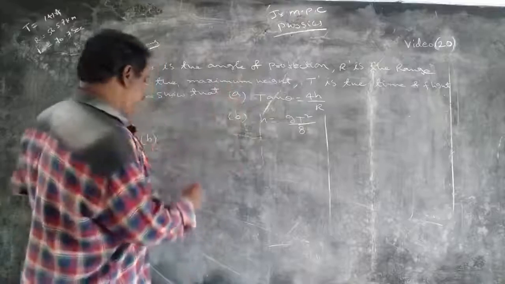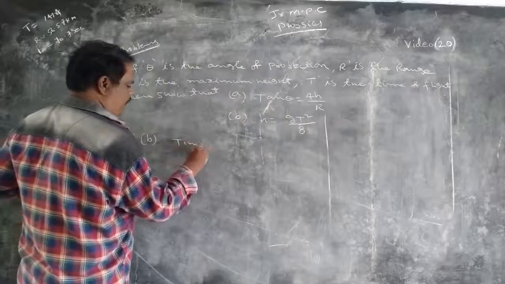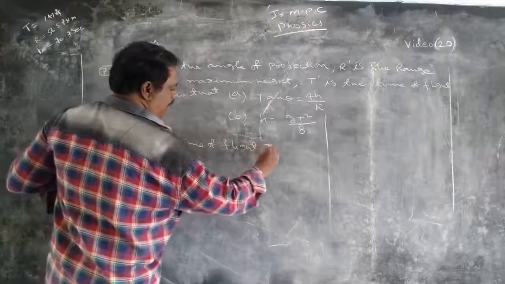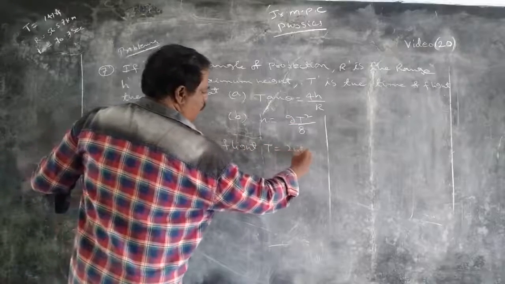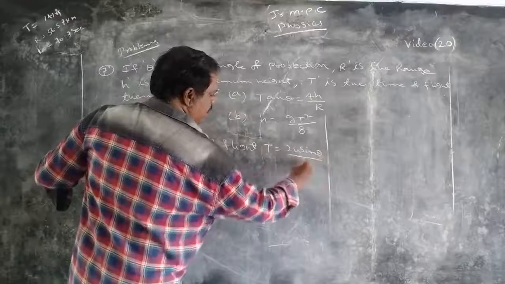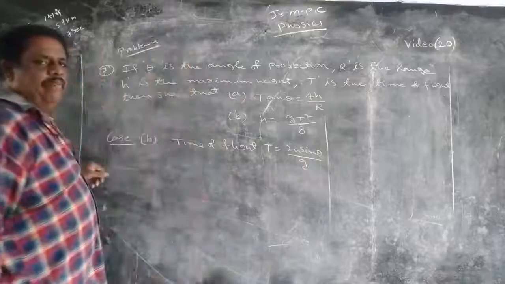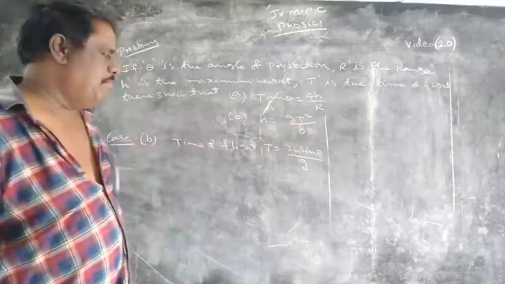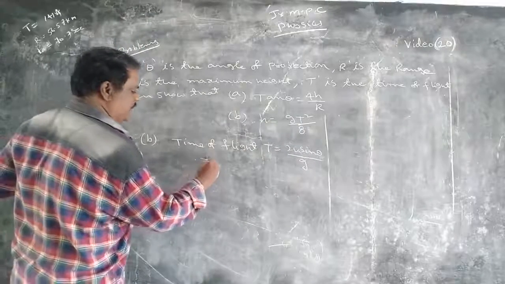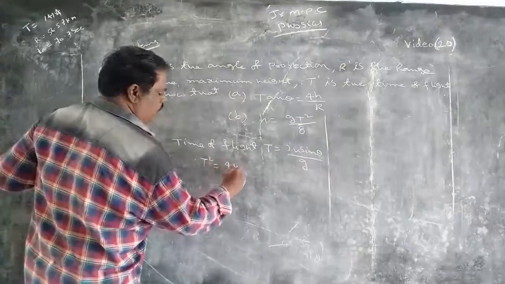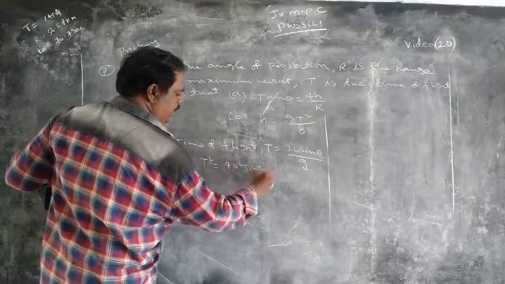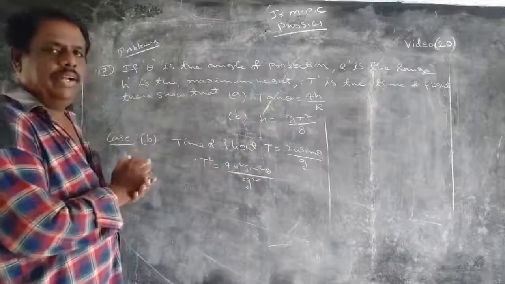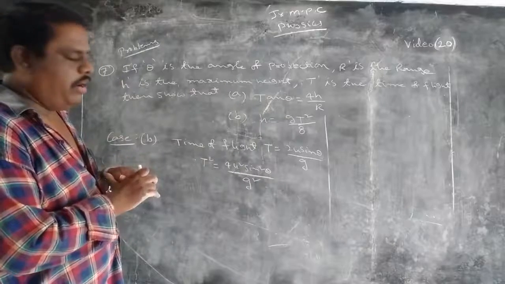First, time of flight. Capital T formula is 2u sin theta by g. This is the formula for time of flight. So we need t square. Squaring both sides, we get 4u square sin square theta by g square. This is the formula for time of flight squared.